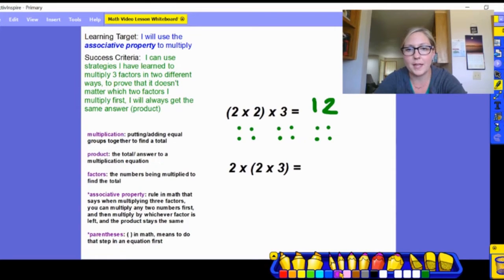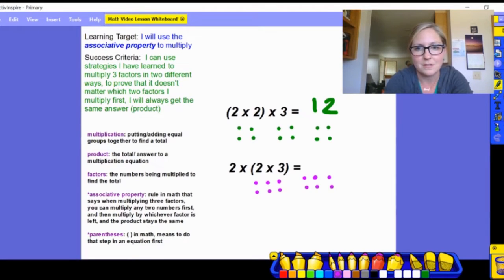In the same way, we could do an array. If we grouped 2 times 3 and decided to solve that part first, we would figure out what 2 rows of 3 would be equal to, and then we could just show 2 times 2 rows of 3, or 2 of those same arrays, and it would be 6 plus 6, again, the same total of 12.